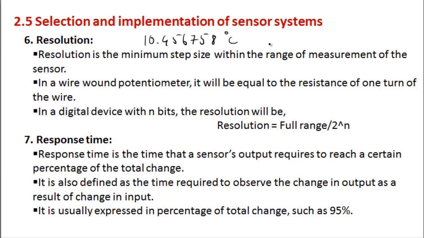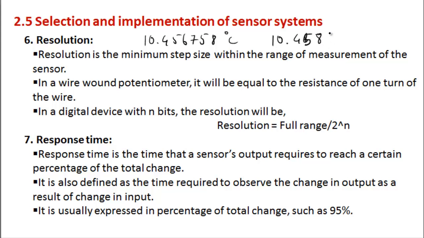Okay, and you are using a temperature sensor, basically a thermometer kind of thing, which is giving you a reading of 10.46, or let's say 10.457, or let's say 10.8.